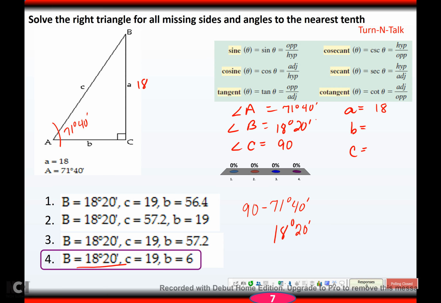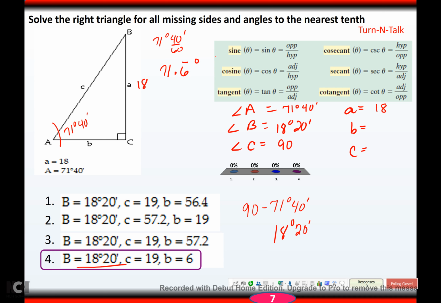Now my problem here is when you do trig, you can't use degrees and minutes. You're going to have to convert them all to degrees. So if I take 71 degrees, 40 minutes, and I divide 40 by 60, I get 71.6 repeating degrees.